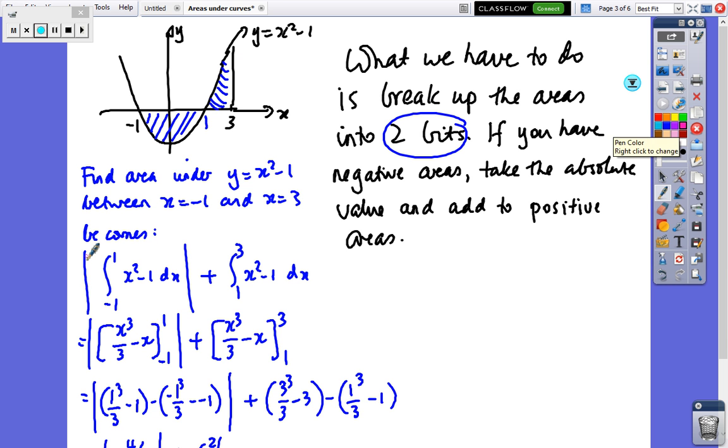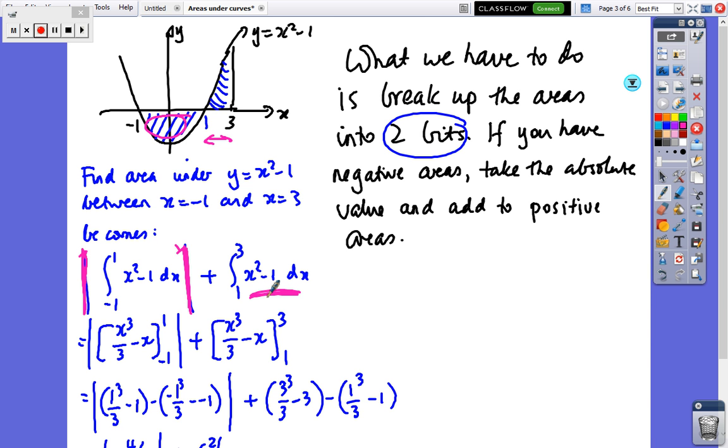So if we put these straight lines on the outside, what that does is when we get a negative area, a negative answer at the end, we just change it to a positive. So when we have a negative area, we use the absolutes, and then for the positive area from 1 to 3, we can just use normal.